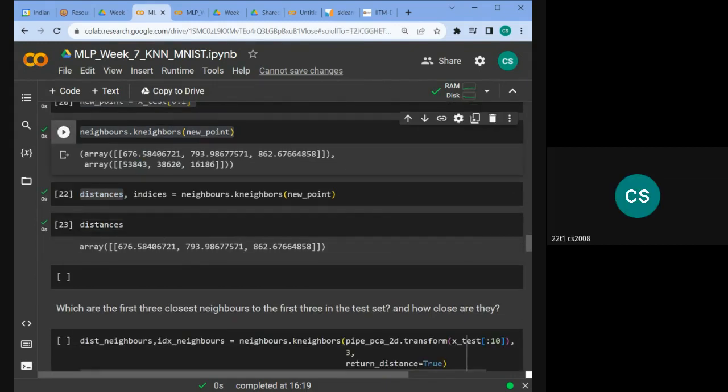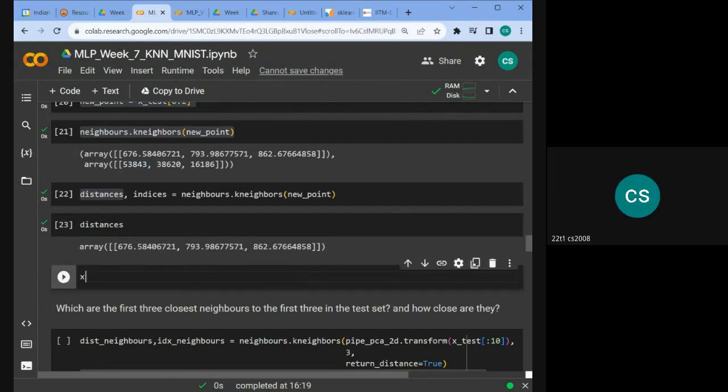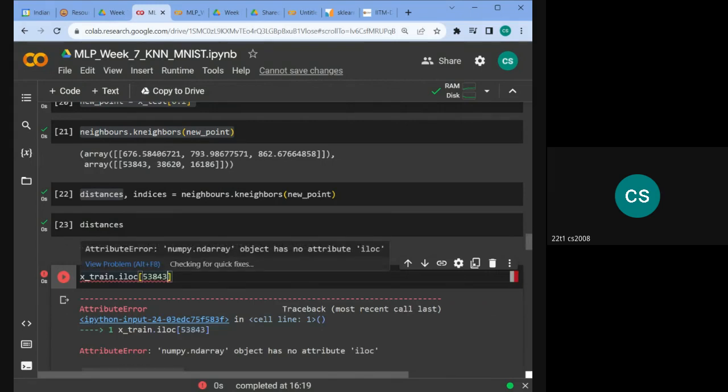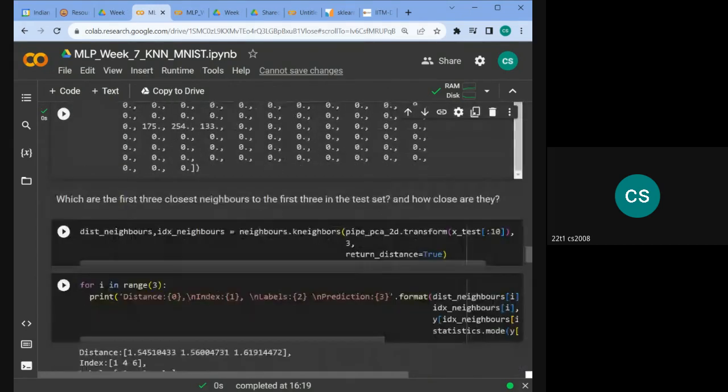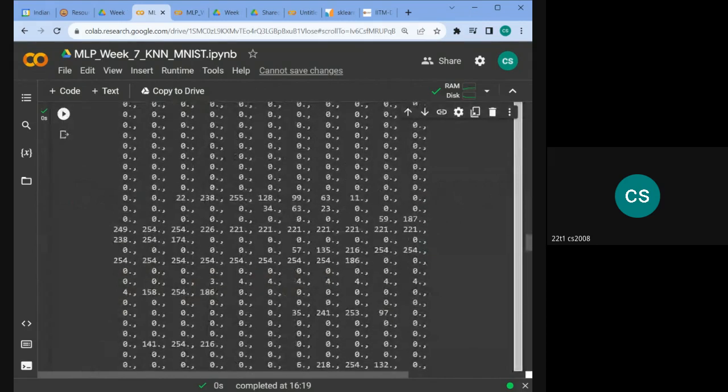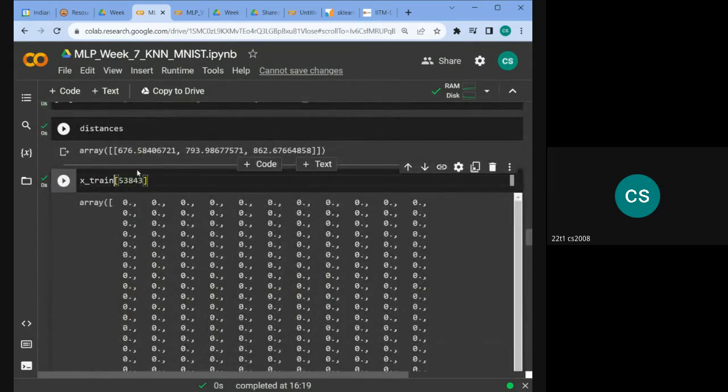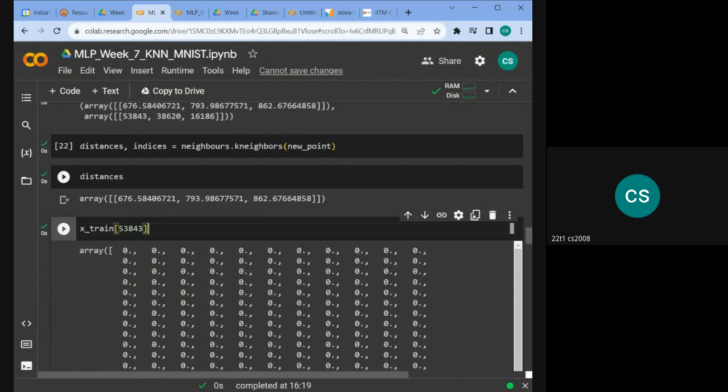Let's say if I write xtrain dot iloc and give this one by array, so I will just directly give it. So this is the point which is nearest to the test point, the new point. And this is the farthest one among these three, not from all of it.